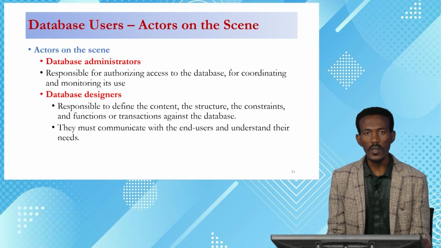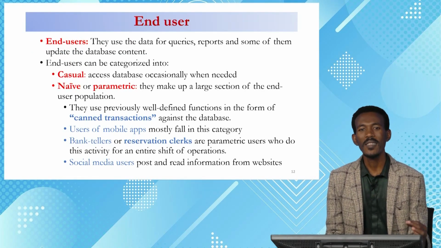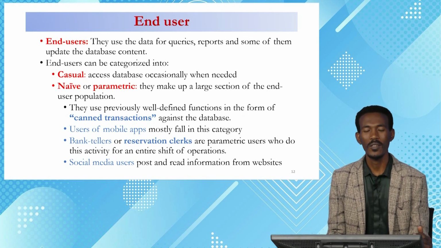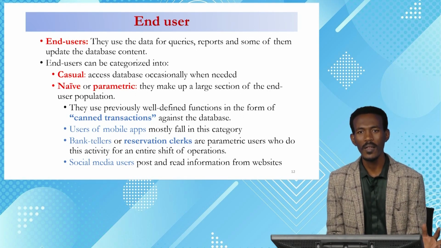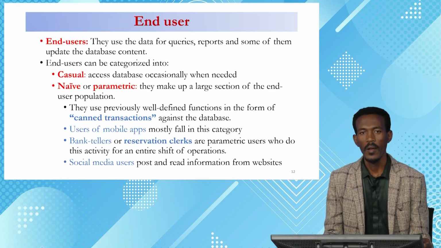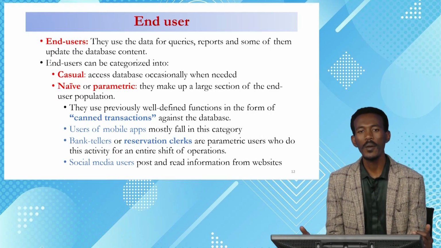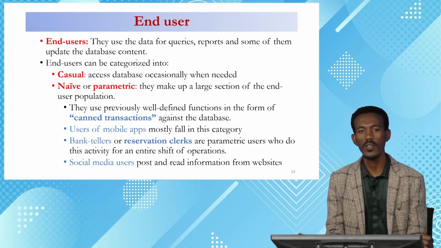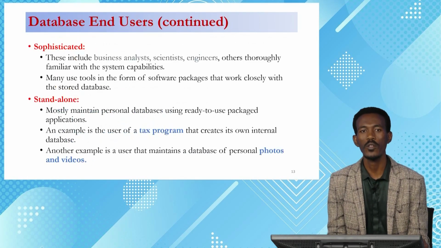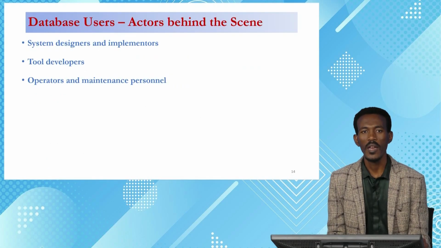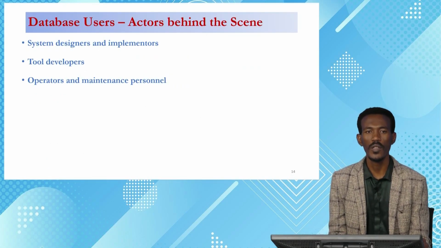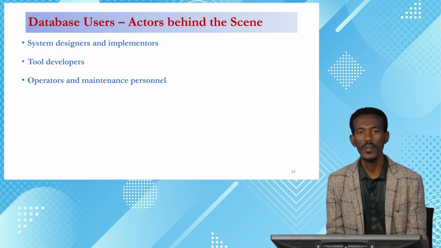The others are end users, who utilize the database and use its functionality. For example, banking mobile users, bank tellers, and social media users are what we call end users of the database. They are classified as sophisticated users and naive users.